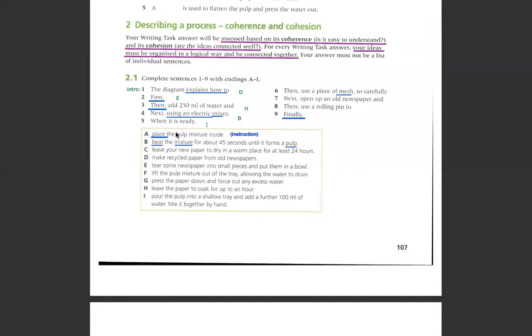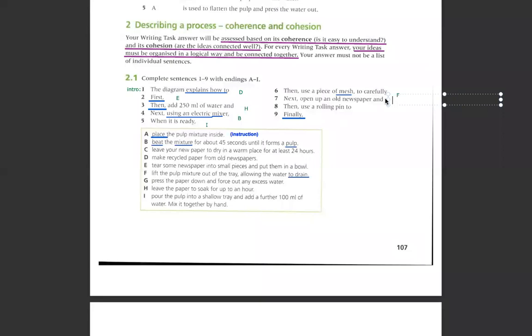Okay, some of you said A, we can't put the pulp mixture inside the mesh. We're putting it on top of the mesh. So the correct answer here is F, right? We said we were going to lift up the mesh and allow the water to drain. Right, number 7.